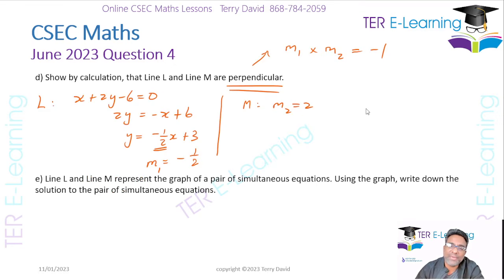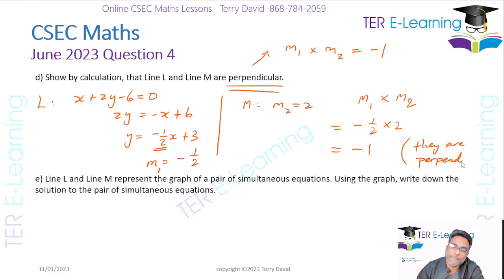Now, if I take the gradient of L and multiply it by the gradient of m, it's going to be minus a half multiplied by 2, and you're going to get minus 1. So just because we got that, that means that they are perpendicular. So that's all we need to do there.